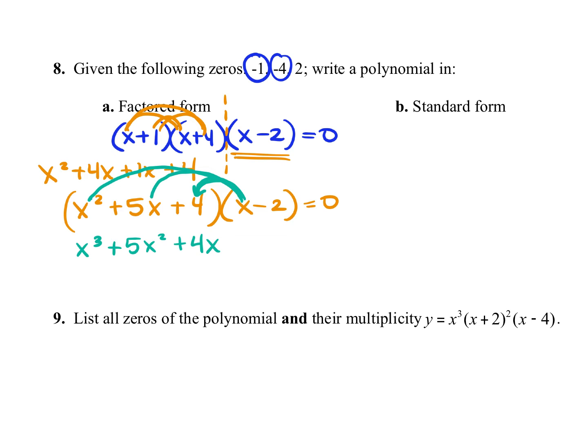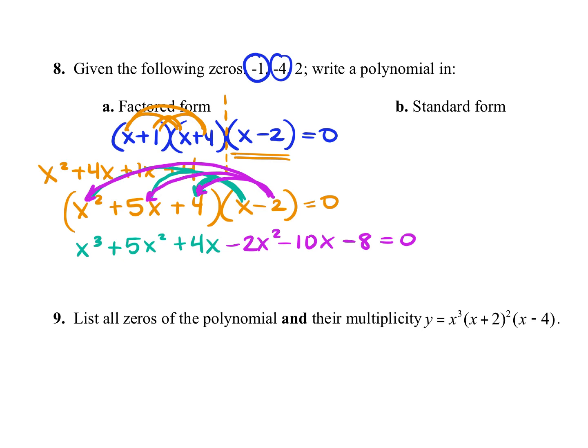What do I do next? The negative 2 times everything. So negative 2 times x squared is a negative 2x squared. Negative 2 times 5x is a negative 10x. And negative 2 times 4 is a negative 8.